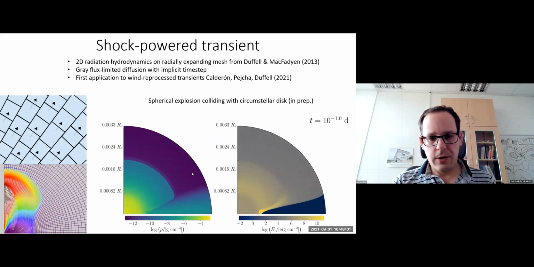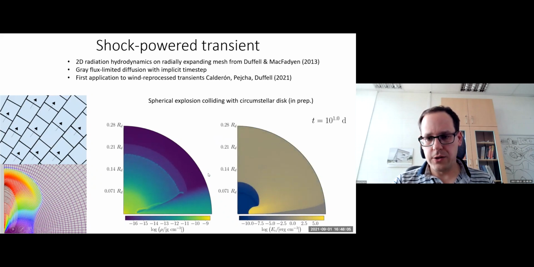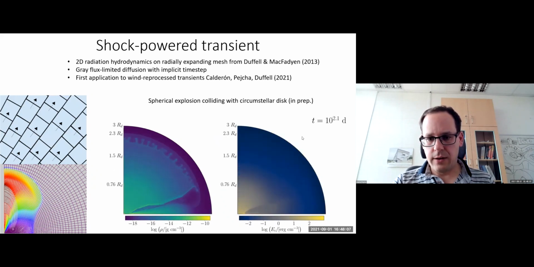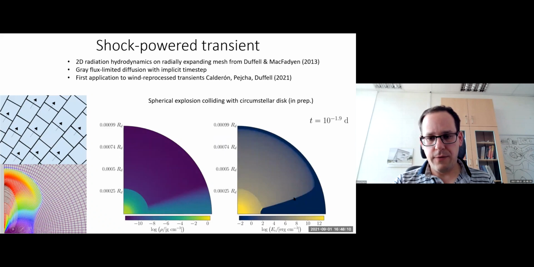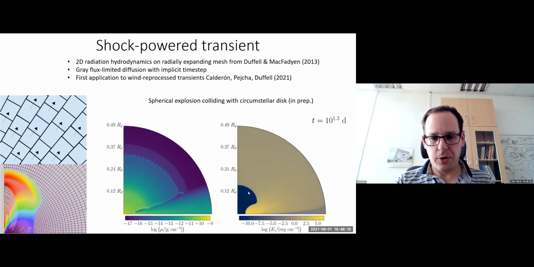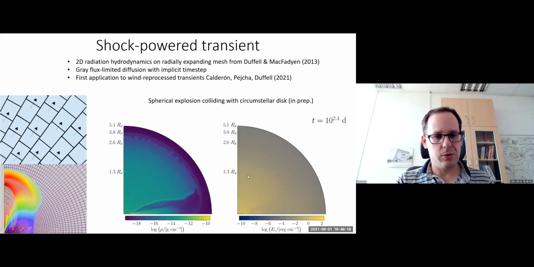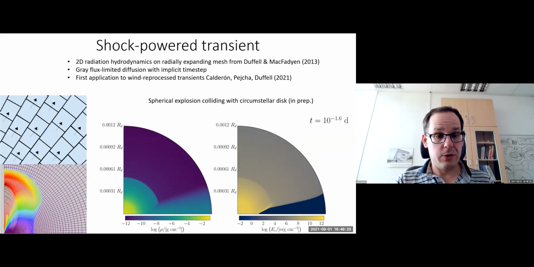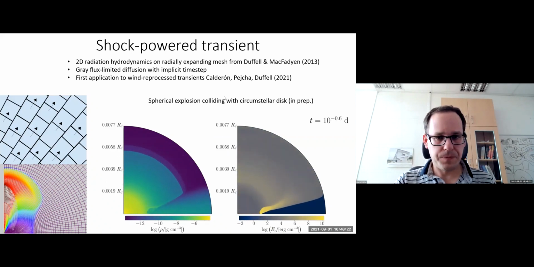What you see here on the bottom is a movie of a spherical explosion colliding with a circumstellar disk. And notice the vastly different and changing range of spatial and temporal scales. So we plan to apply this to luminous red novae. So stay tuned. Thanks for your attention.